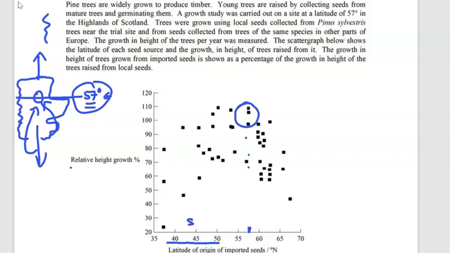They're taken to latitude 57 and grown, and we can see the data approximately in this region here. And then seeds from more northerly areas are returned to this southerly 57 latitude and grown there. And we can see that data is here, and we can see the plot of the data there.